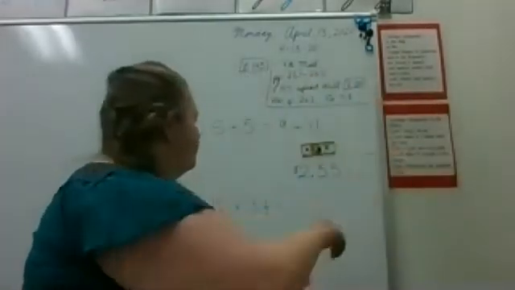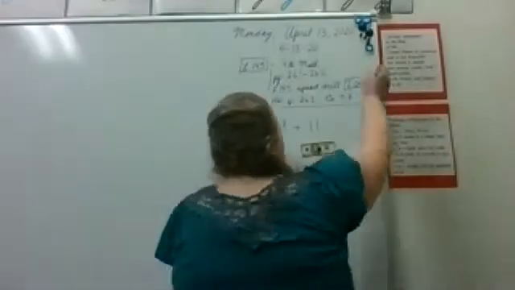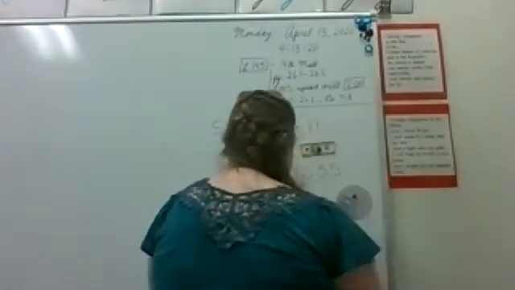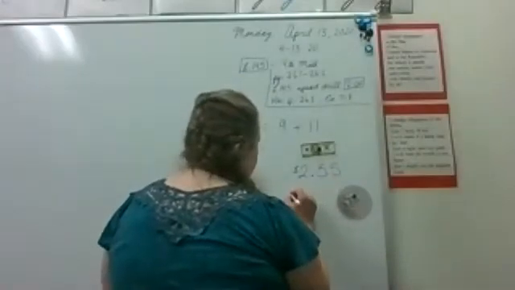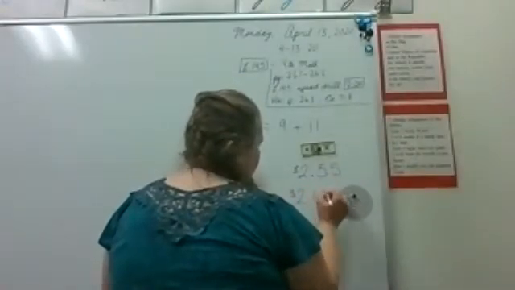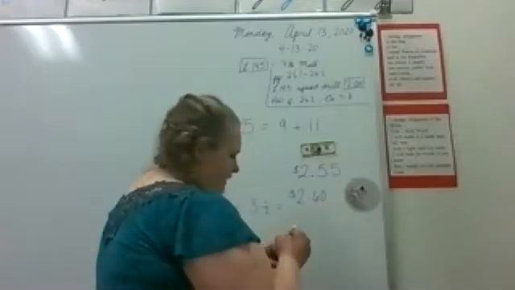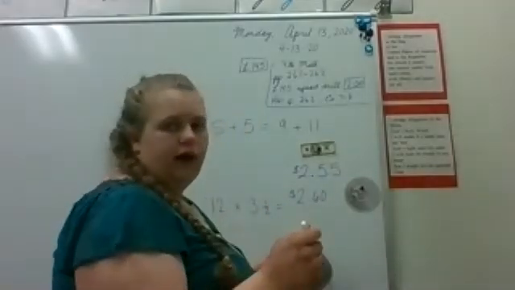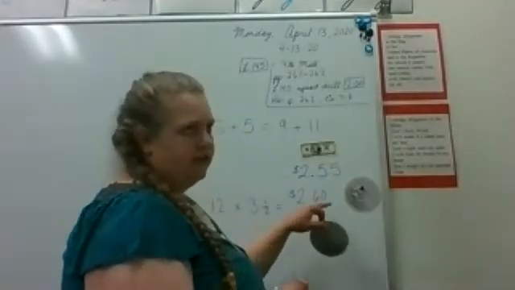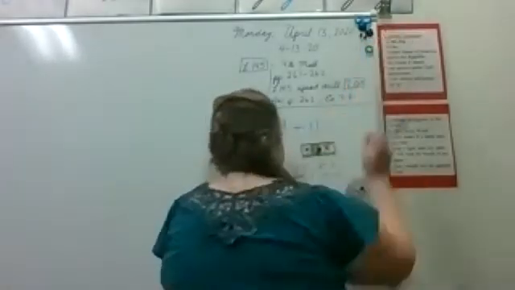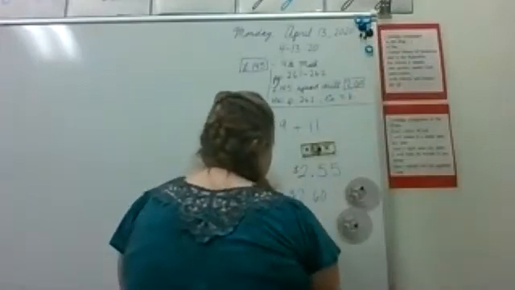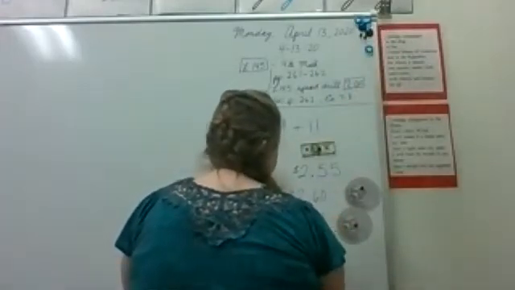Okay, so one nickel would bring us up to 260, right? Okay, 260. Well, that's not a 50 or a 75, so we'd need another nickel, and we'd be at 265.